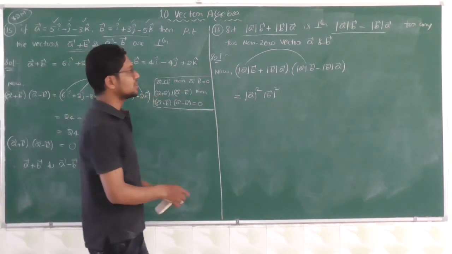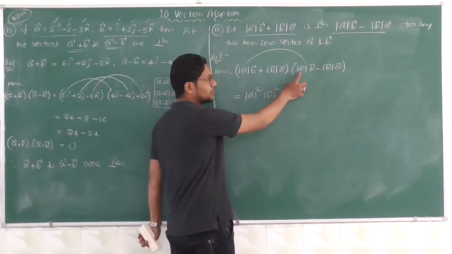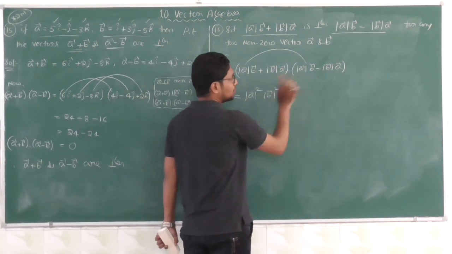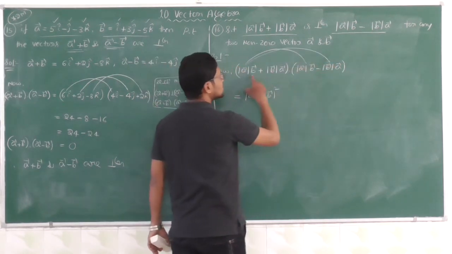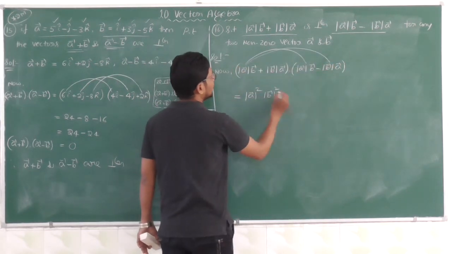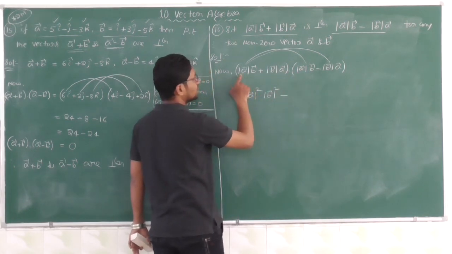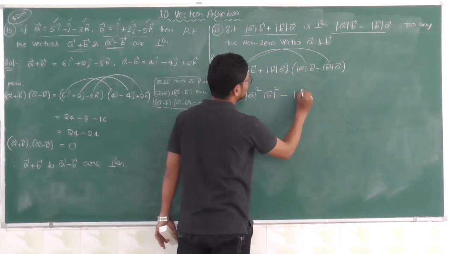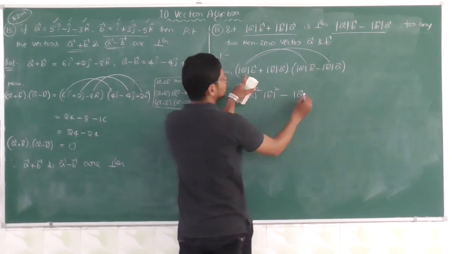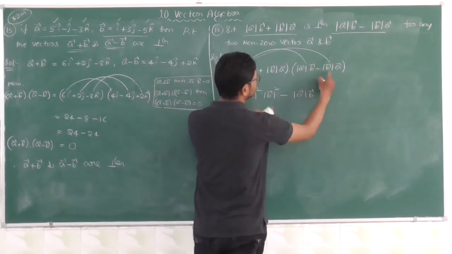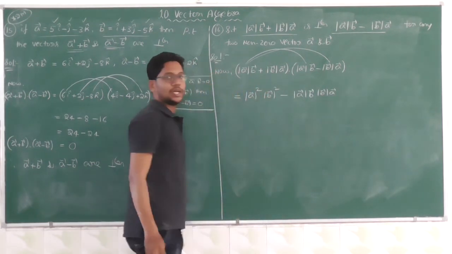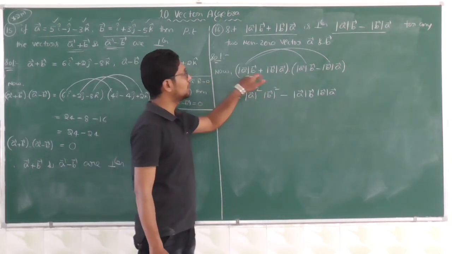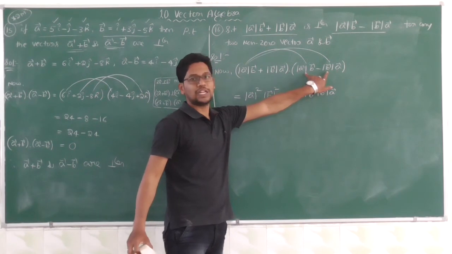Multiply this one to this one. Plus into minus is minus. A dot B, and next, B dot A. I just multiplied this one to these two vectors.